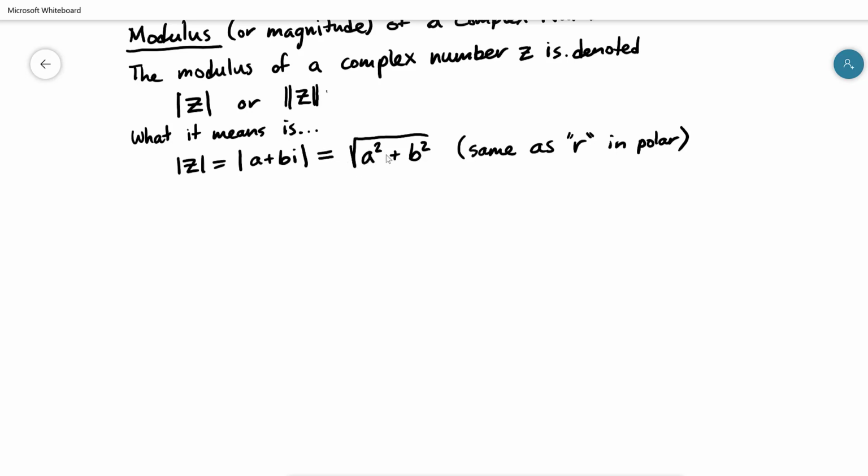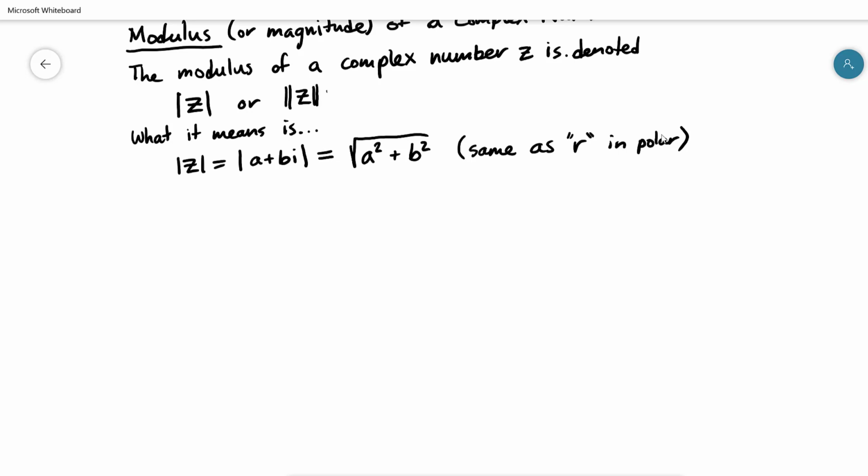But that's essentially what we're doing here. a is just representing how far we're going in the x direction, b represents how far we're going in the y direction, or in this case in the real direction for a, in the imaginary direction for b. So essentially this modulus term plays the same role that r played in our polar coordinates.